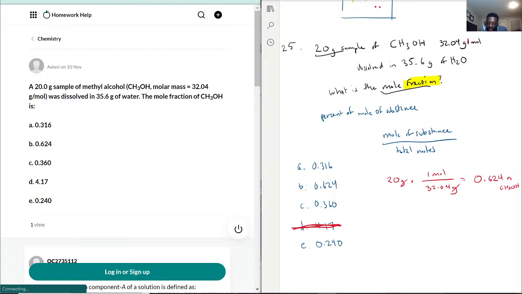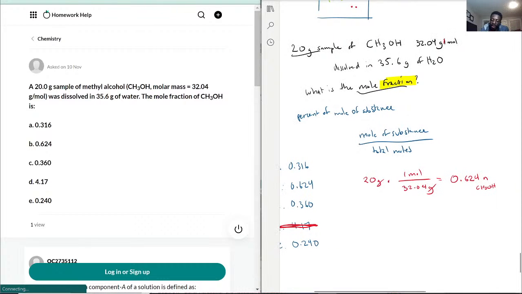But we're not done with the question yet, so don't just go and answer it right away. It was dissolved in 35.6 grams of H2O. Interestingly, we are able to get the moles of water as well, using the same way we've been solving the other questions. H2O has 2 hydrogen, 1 oxygen.